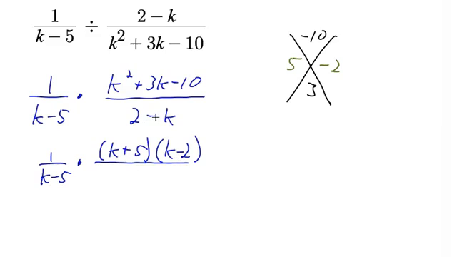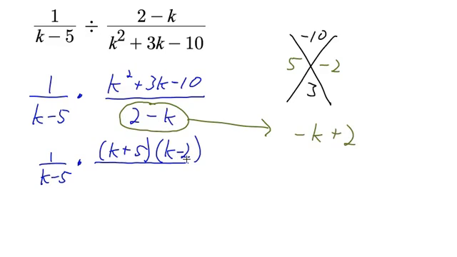This 2 minus k looks suspiciously similar to k minus 2. So let's take a closer look, see if it is exactly the same, or maybe we can modify it a bit to help us cancel the k minus 2. I'm going to change the order of these two terms here. So I'll start with the negative k and add 2.